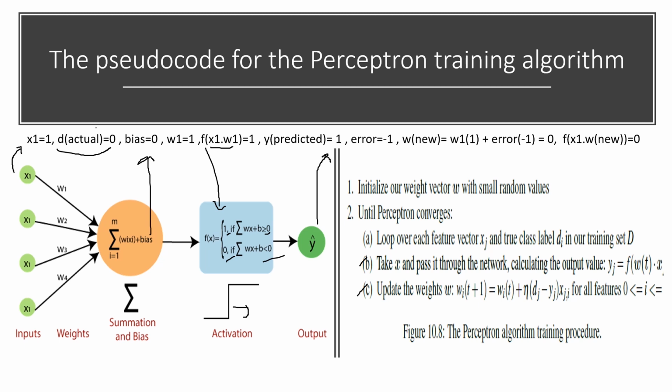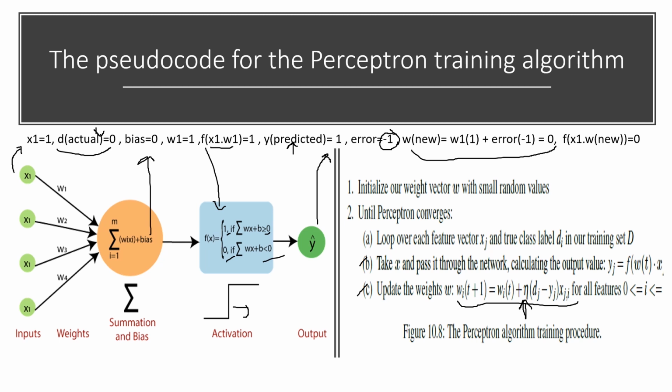So now you can see the error, which is the difference between the actual and the predicted value, is minus 1. Now what I will do, just focus here. I will pass my old weight and my error through a new equation, and I will get my new weight as 0. Here I am considering my learning rate, which I have already told you about in a previous video, which is the size of the steps I have to take. It determines how far I will move to the new weight.